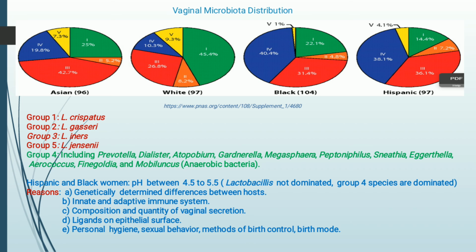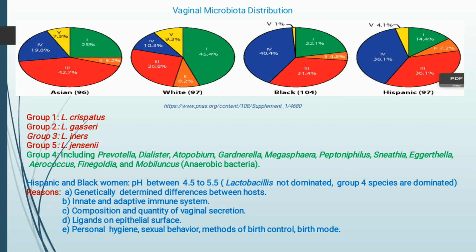In Asian and white women, group 4 is less in number, but in black women and Hispanic women, the concentration of anaerobic bacteria is very high.